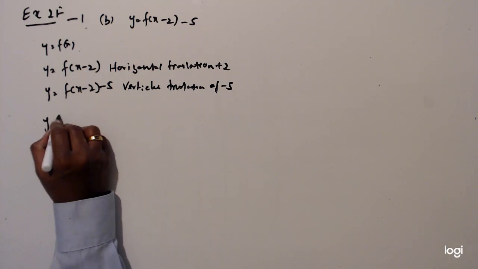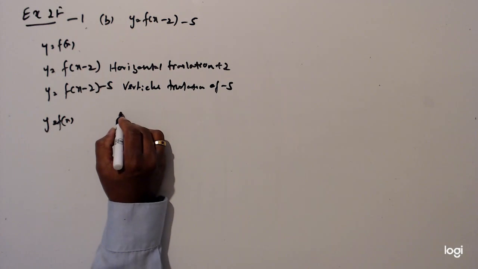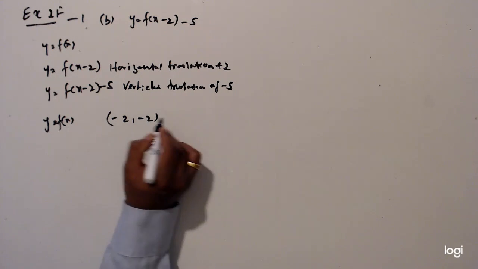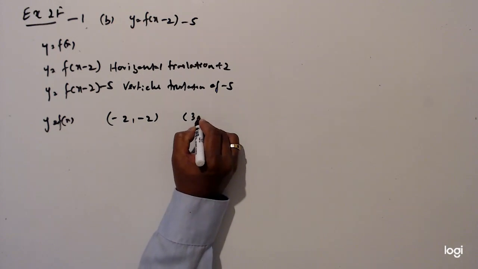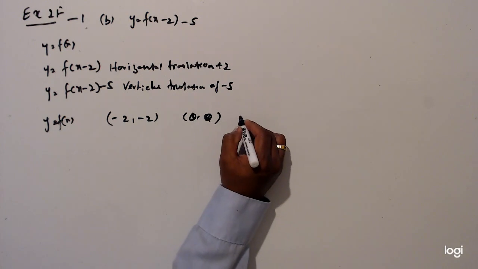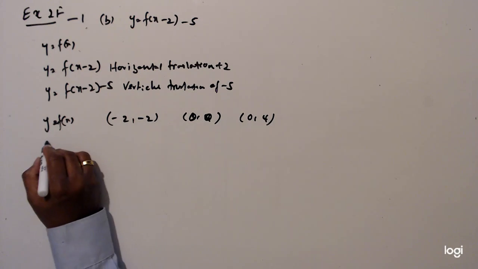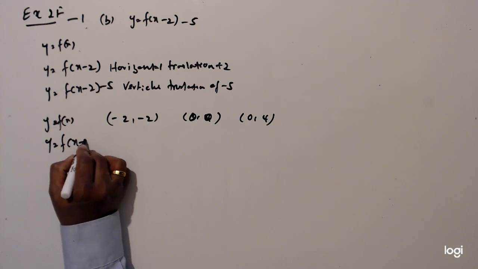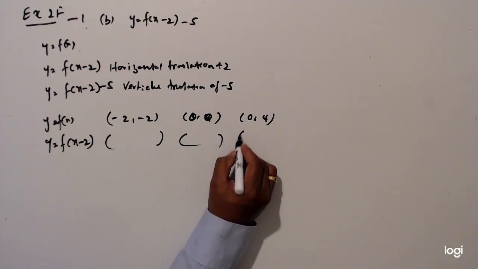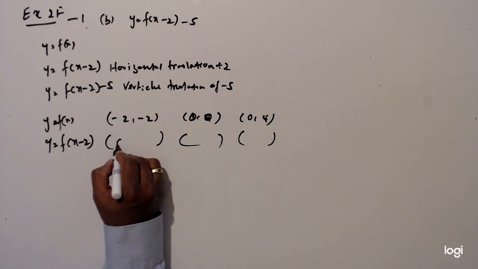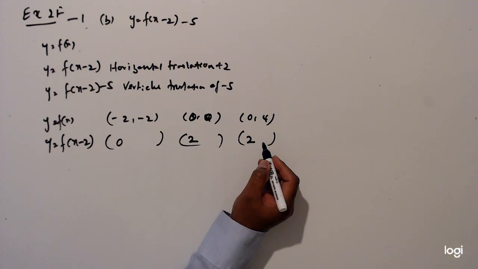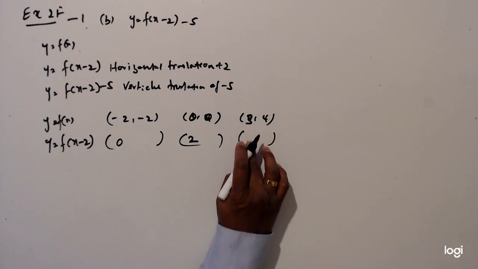So y equal f(x) as usual, (-2, 2), (3, 4) and (0, 0) and (3, 4), and y equal f(x minus 2), horizontally shift, it affects the x values: -2 plus 2 is 0, 0 plus 2 is 2, 3 plus 2 is 5.